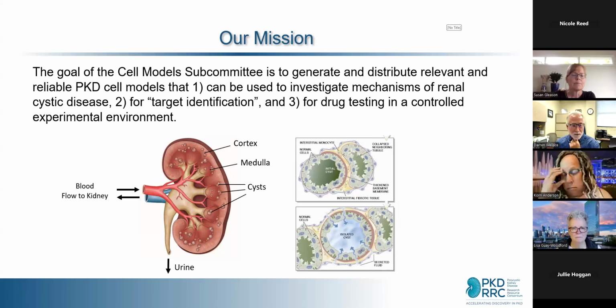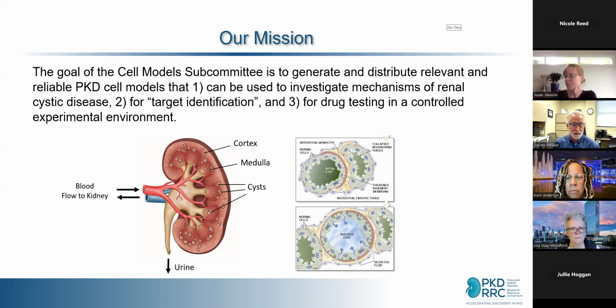And that's shown over here, a cross section through tubules from a PKD patient. And of course, all the cells have a germline mutation, but something goes wrong with these tubule epithelial cells and makes them take on a different phenotype, and they begin to proliferate and they form a cyst.